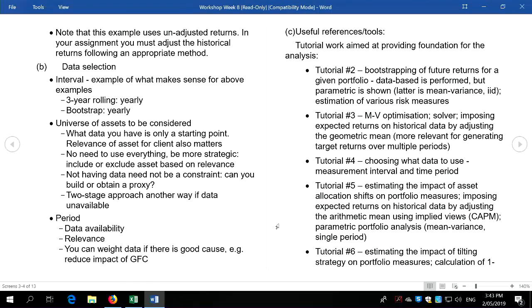And also with some assets like direct property, private equity, hedge funds, we have limited historical returns, and we do not have very much confidence in the historical returns. You might want to leave these assets to the second stage of your asset allocation analysis. So you might want to apply a two-stage analysis approach.